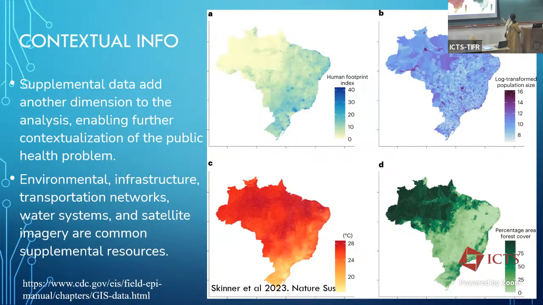Then they also used information on population, temperature, probably mean annual temperature, and percent forest cover. When they put all this information together in a GIS, they found that certain types of vector-borne diseases like malaria and leishmaniasis tend to occur in areas with a lower human footprint. As you move along this gradient from low to high human footprint, the type of vector-borne disease changes. So Zika, chikungunya, and dengue are very high here.